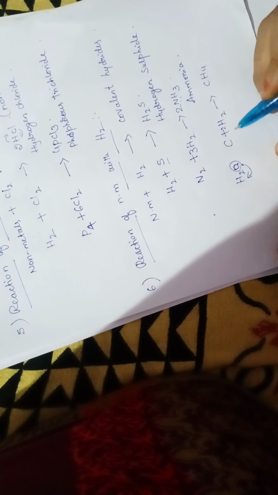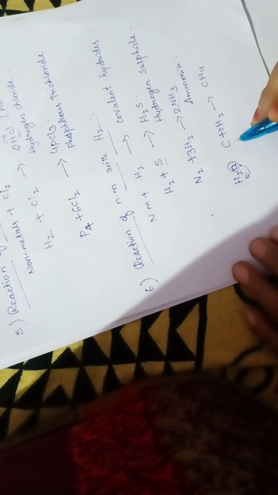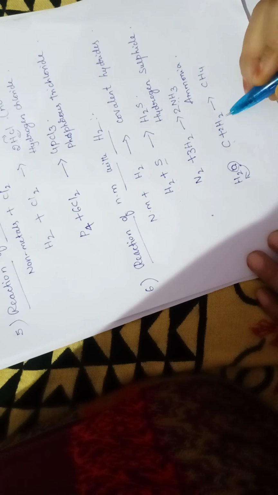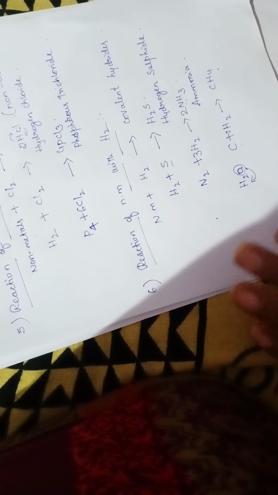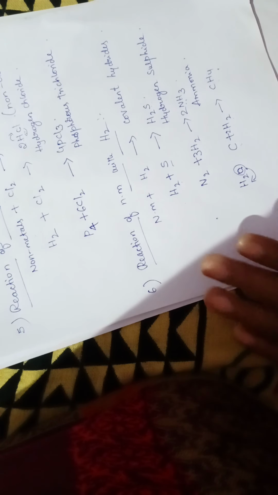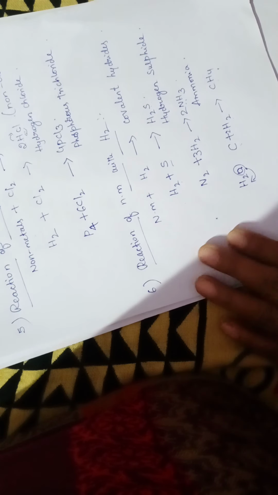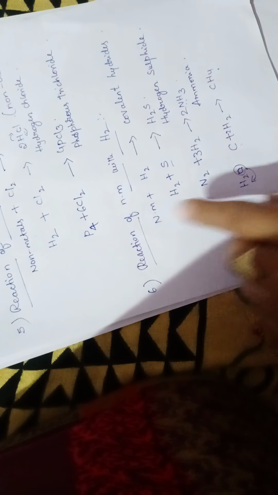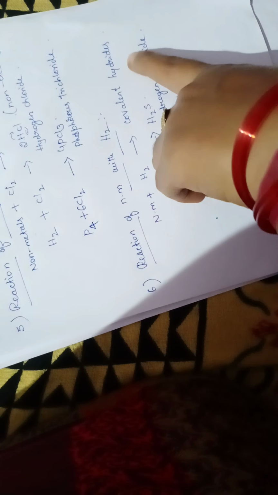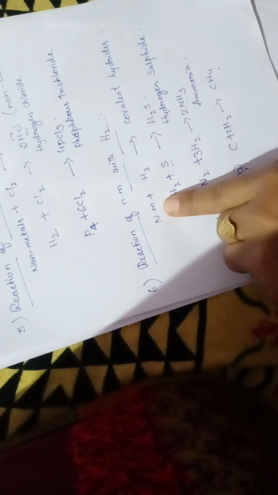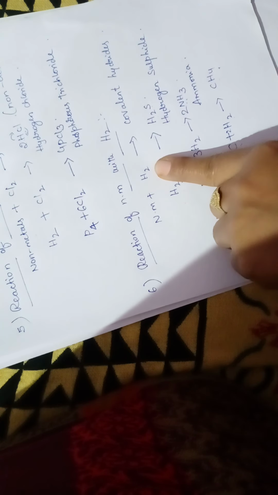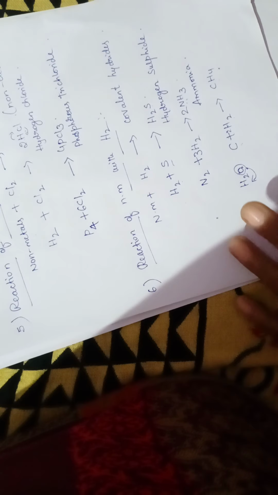Like that, when non-metals react with hydrogen, corresponding hydrides form, which are covalent in nature. Non-metals form covalent hydrides because non-metals cannot give electrons to hydrogen atoms to form hydride ions.